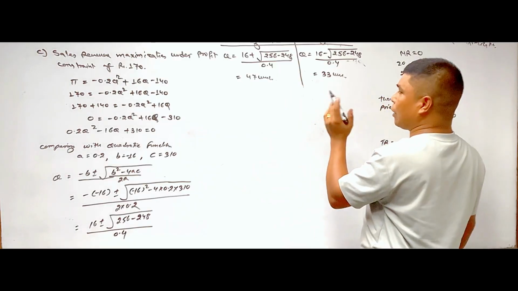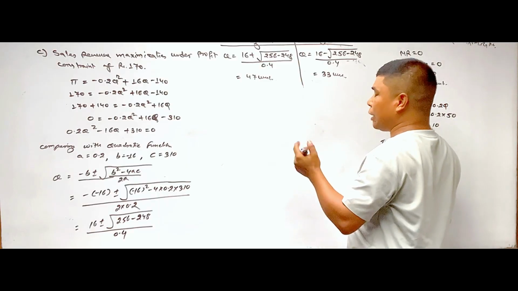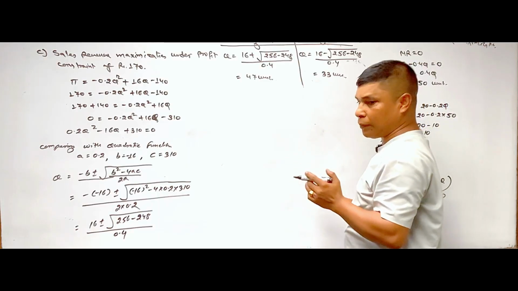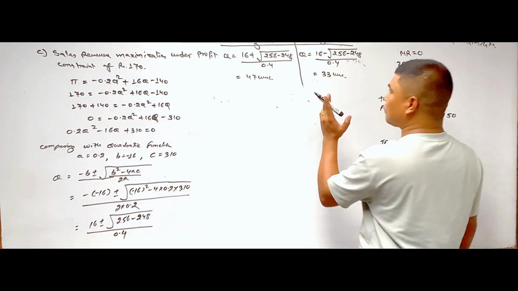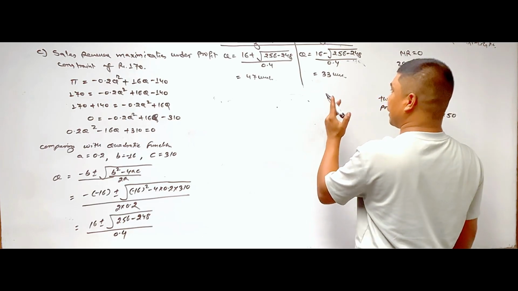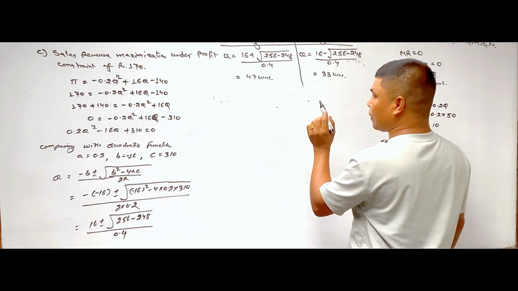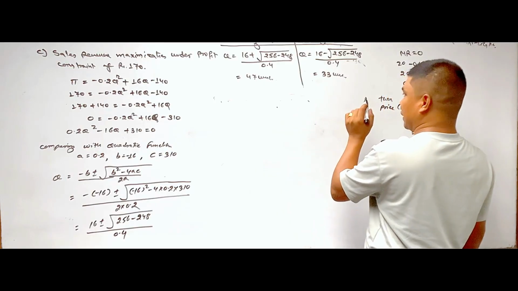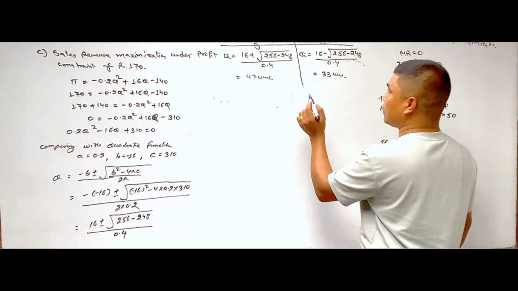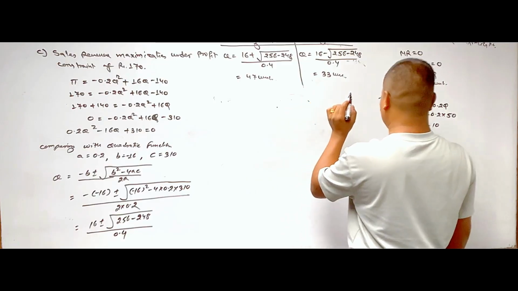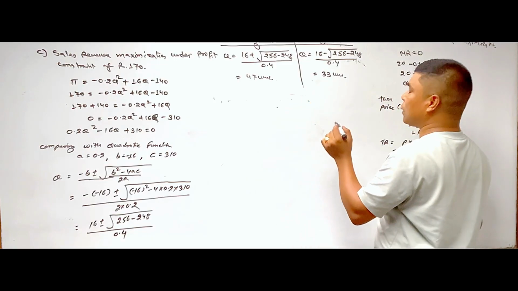And we have to select one of the options in which we can get maximum sales. Between the two alternatives, taking positive and taking negative, we got the result of 47 units and 33 units. We have to select one option between these 47 units and 33 units by calculating total sales revenue.